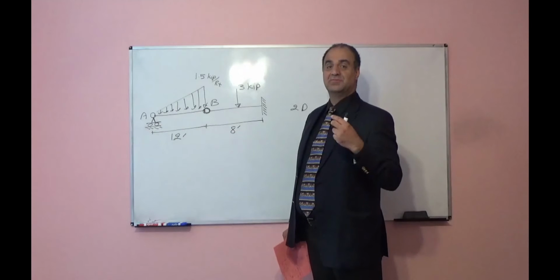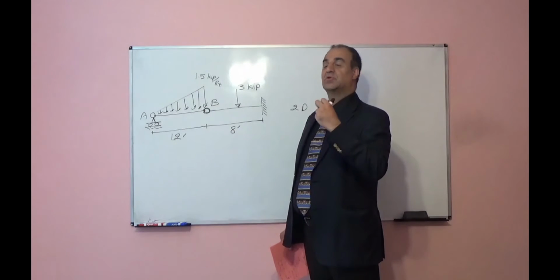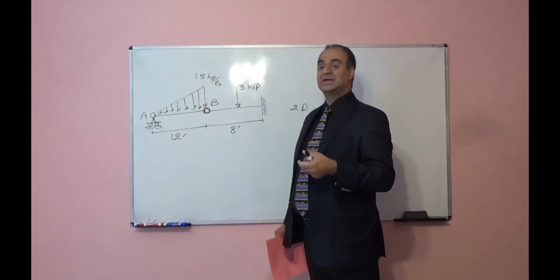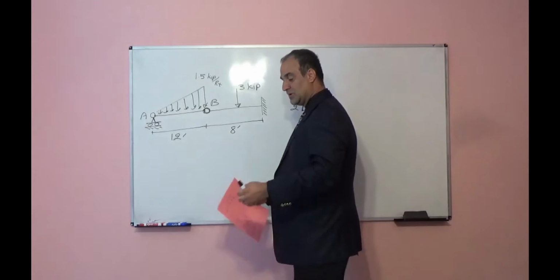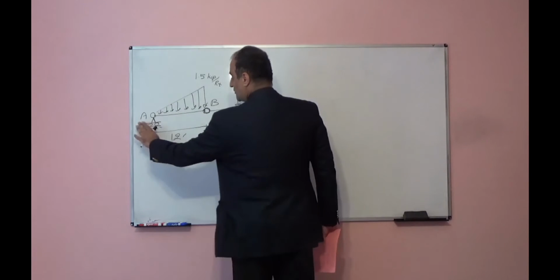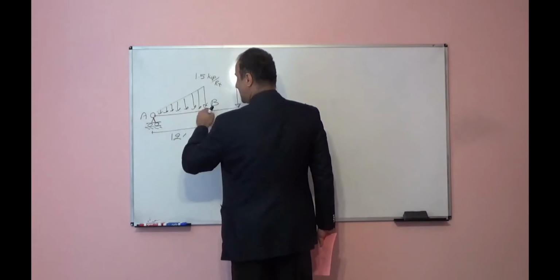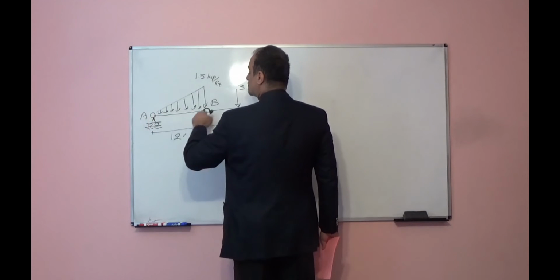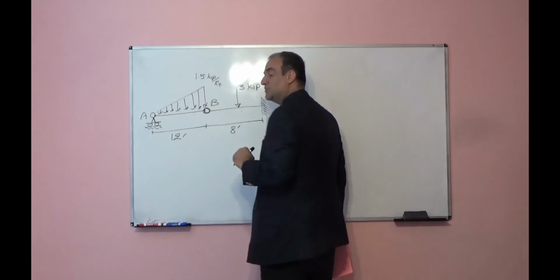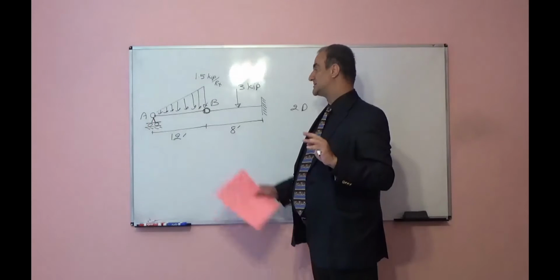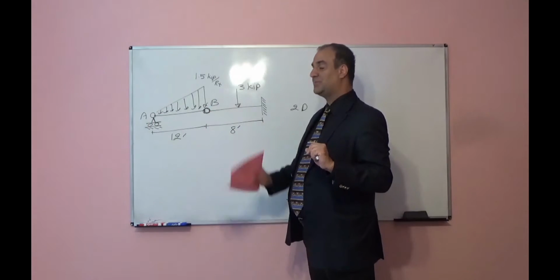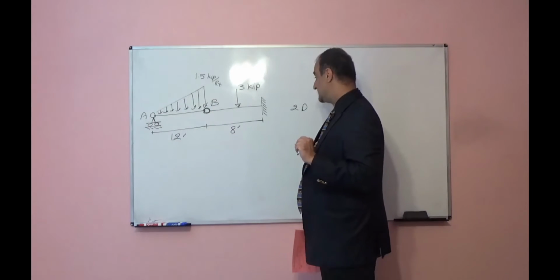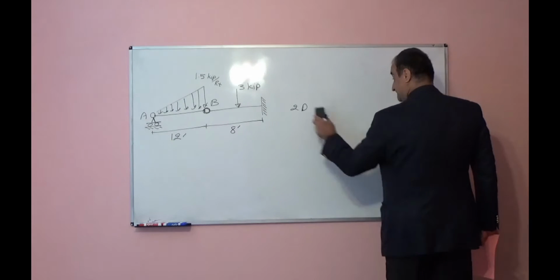Hinge definition means no resistance against the bending moment. So, for example, if you don't have this support, this AB part can rotate freely with respect to point B. No resistance at point B.